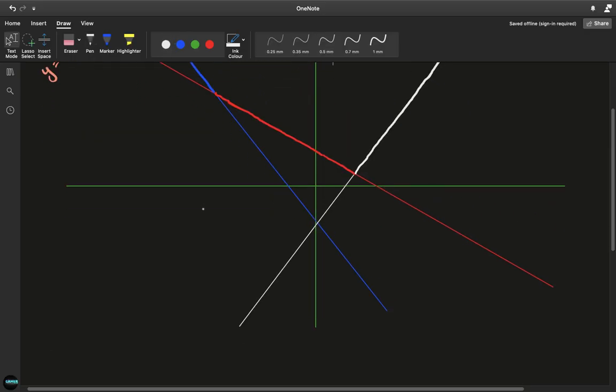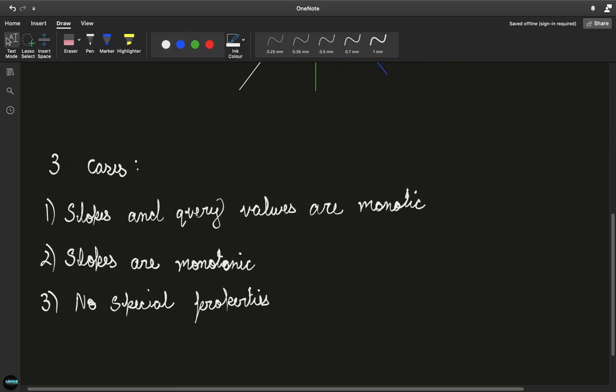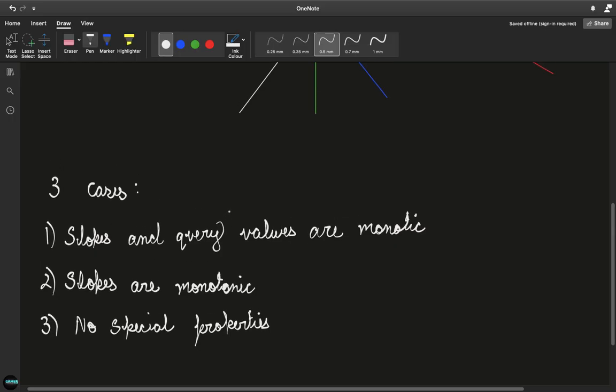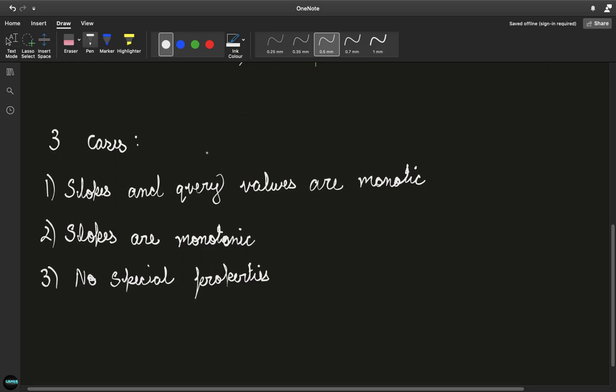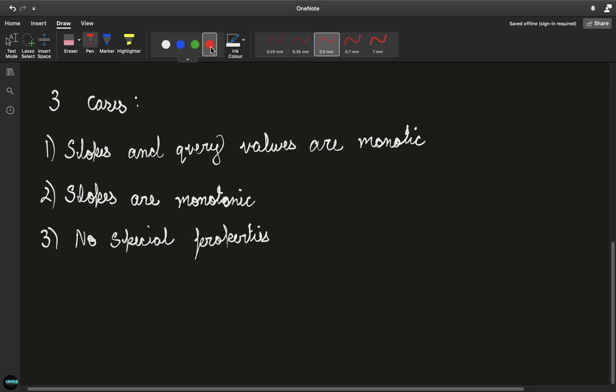Okay, so what are these cases? Well, when our slopes and query values are monotonic, that means that every slope we add to a data structure. For this, let's look at this particular problem. Let's say we have a line like this. Now the next line we add will always be tilted like this. It will have a more negative slope.